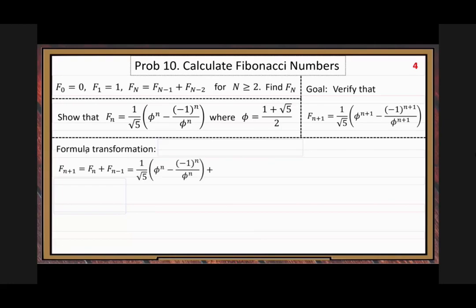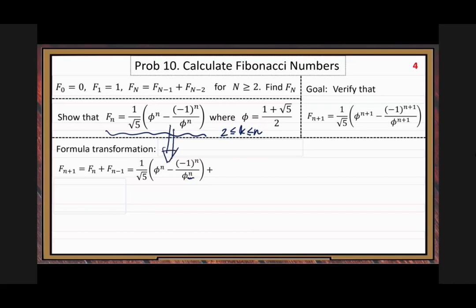Next, then F(n). Remember the induction assumption: when k falls in this range between 2 and n, this time k equals n falls in that range, so we can use this formula by our induction assumption.